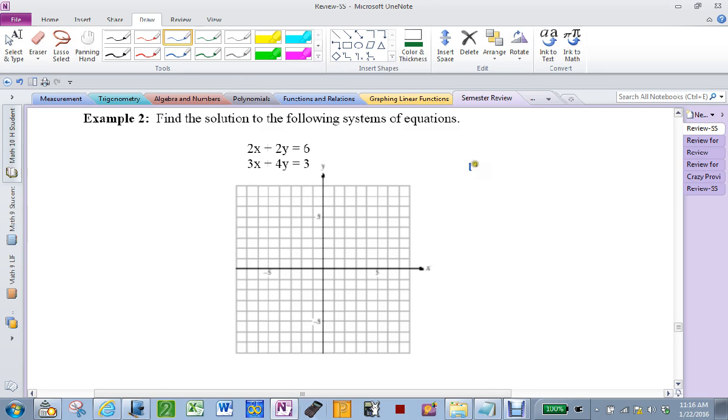I had y equals negative x plus 3. So don't graph it yet. Scale it. And I had y equals negative 3/4 x plus 3/4. So now I'm going to scale. 1, 2, 3, 4. There is 1.